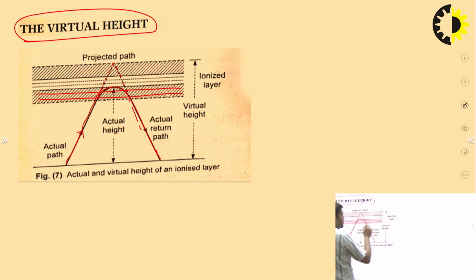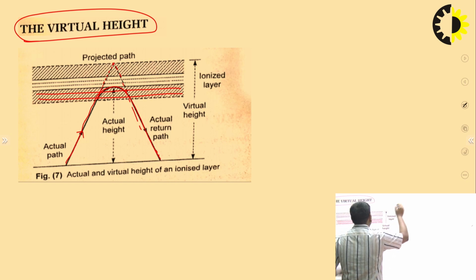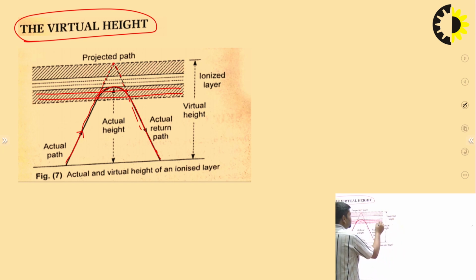So what is the virtual height? Virtual height is the height where the sky wave is assumed to be reflected back along a projected path, but this is not the actual path. The actual path is different because of changes in the ionosphere layer, where the electron density is bent back.